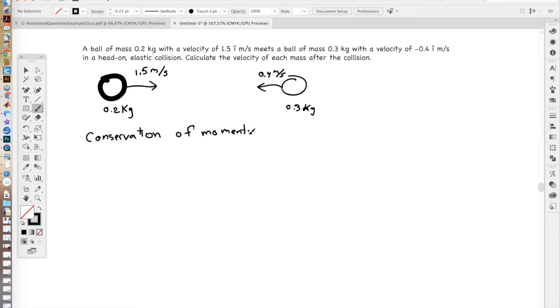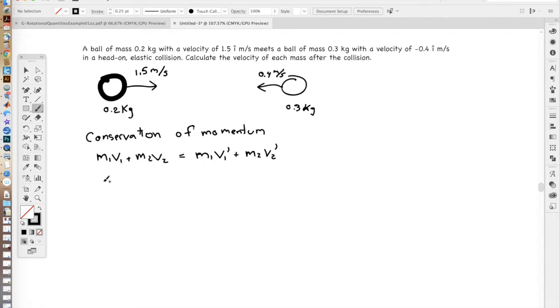The condition before is that we have m1 v1 plus m2 v2 has to equal the momentum afterwards, which would be m1 times v1 prime, plus m2 v2 prime, where the primes mean afterwards. And the masses stay the same before and after, so we don't have to give them primes.